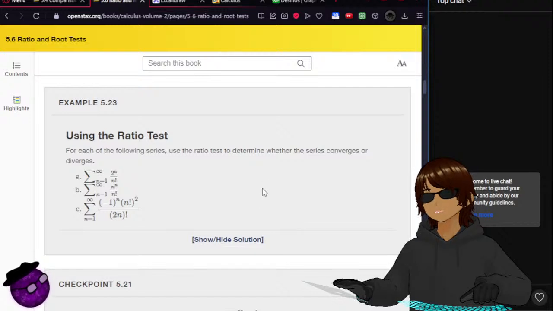For each of the following series, use the ratio test to determine whether the series converges or diverges. 2 to the power of n over n factorial.